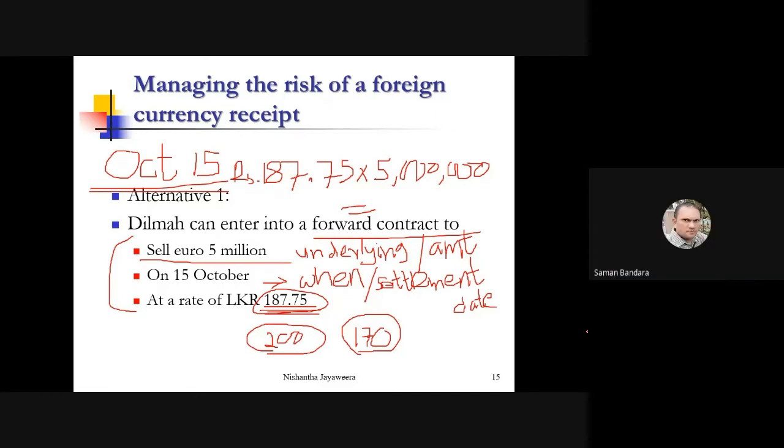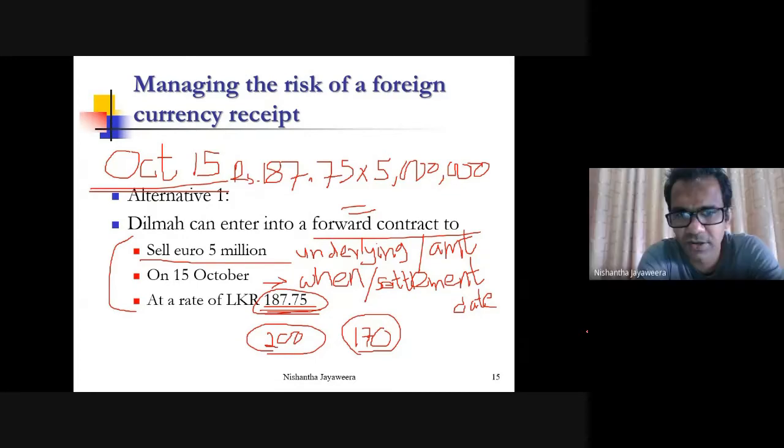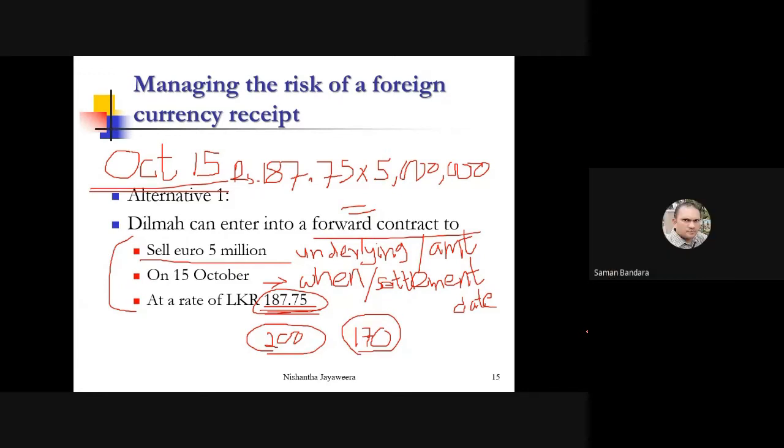If the rate goes to 200, who earns the profit? The bank can retain the profit. In this trade, who is going to make that money? The bank earns a profit, yes, no?